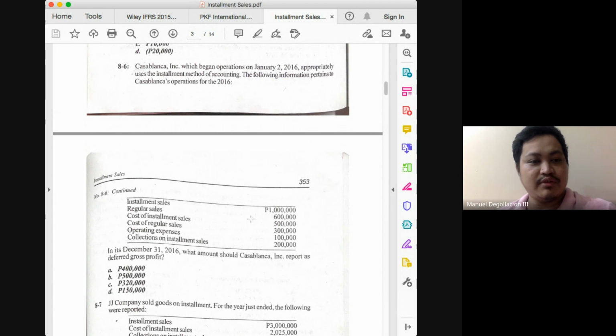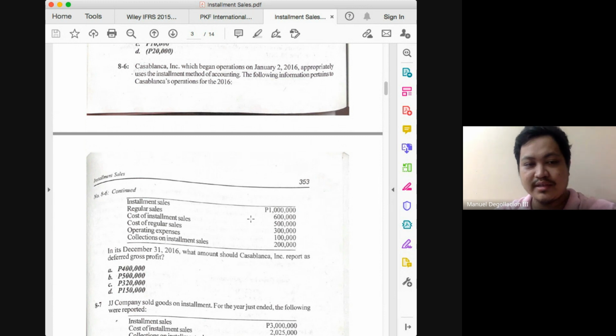First, we need our installment sales, which is already given, and then we also need our collections on these installment sales, which is also given. So if installment sales is 1 million and collection on installment sales is 200,000, that means the remaining installment receivable would be 800,000. Okay, and what we need is to determine the markup on this 800,000. And to get the markup on this 800,000, we need to solve for our gross profit rate for our installment sales.